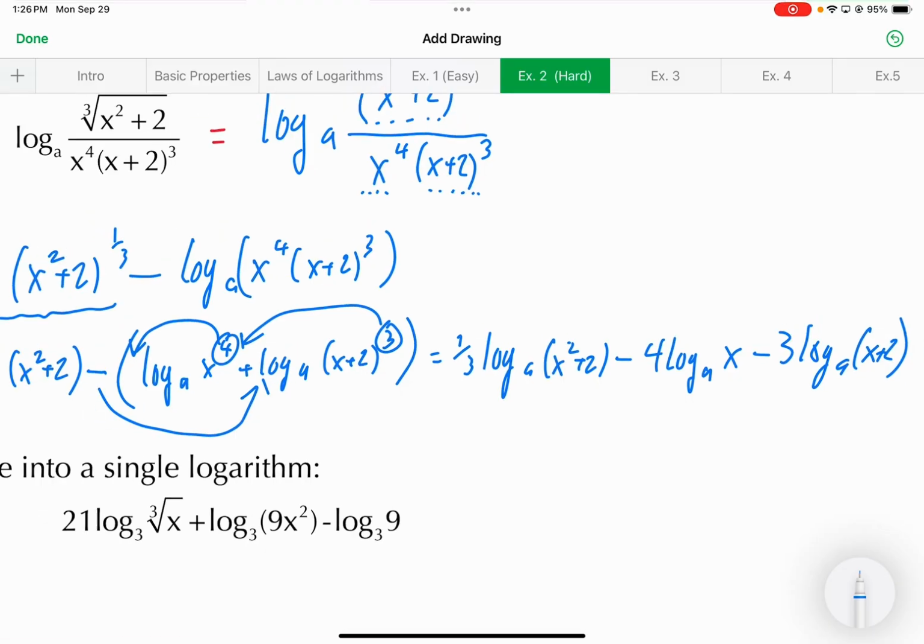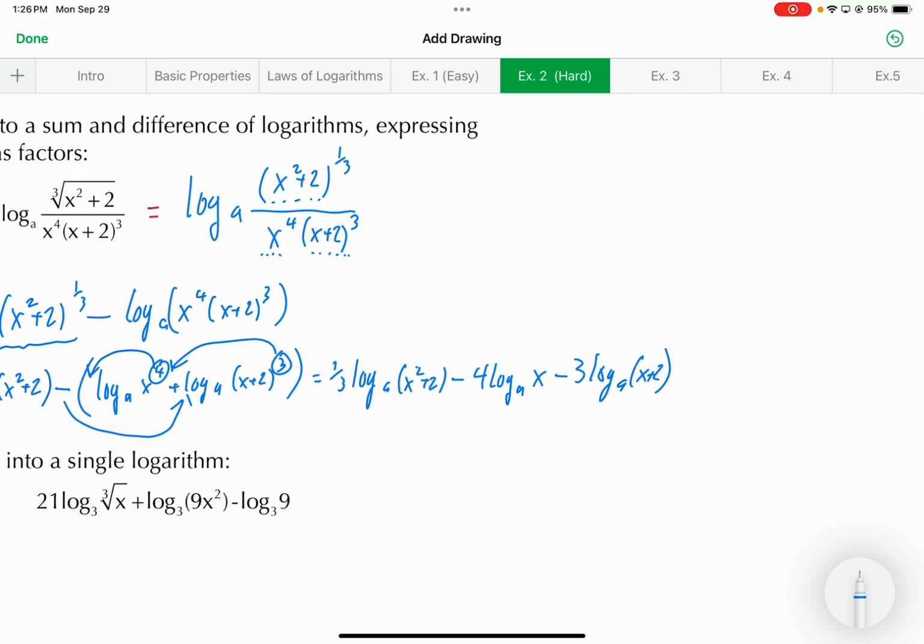Okay. If I had this, log base b of the cubed root of x plus 2 over whatever, y, I don't know. Then in this case, which property would I use first? I gave it away. Power, right?